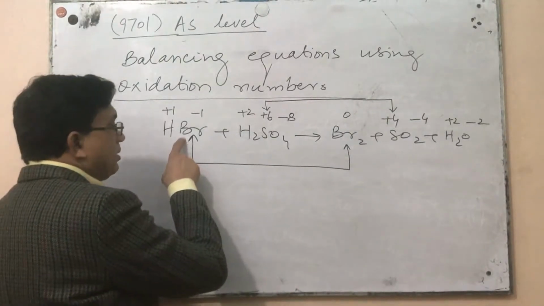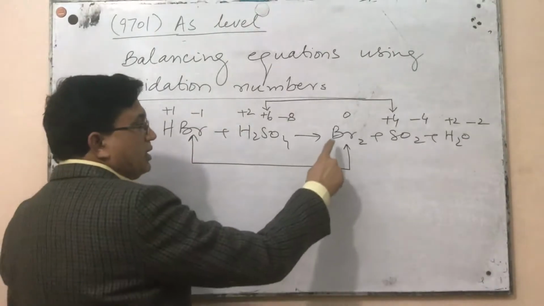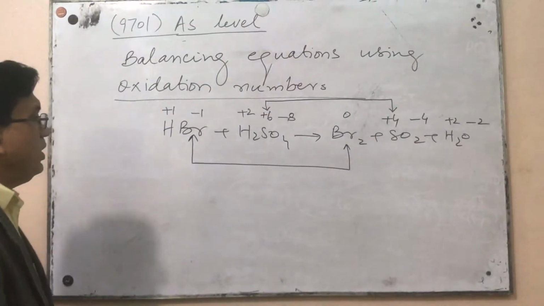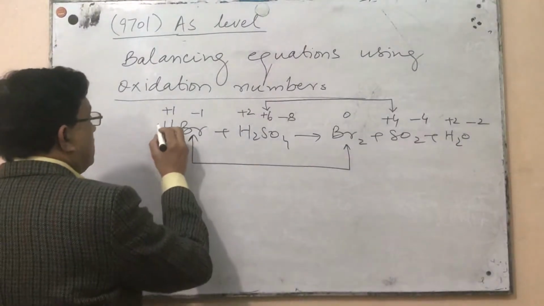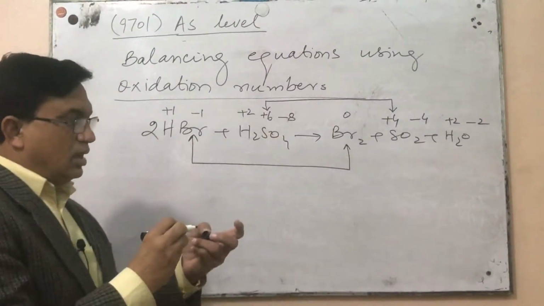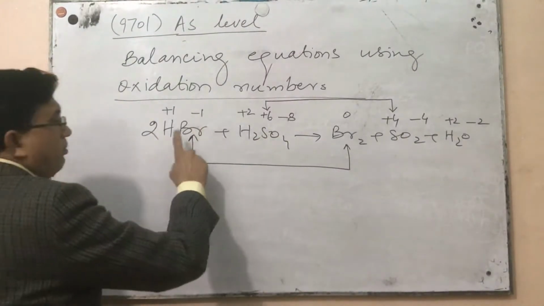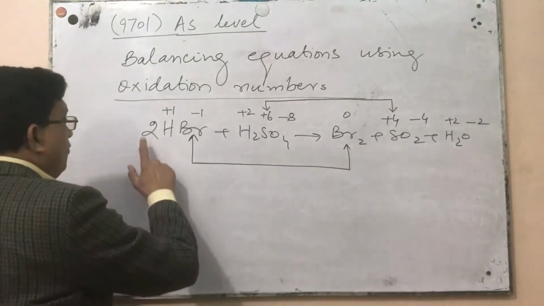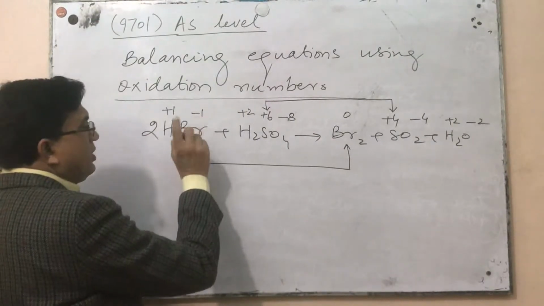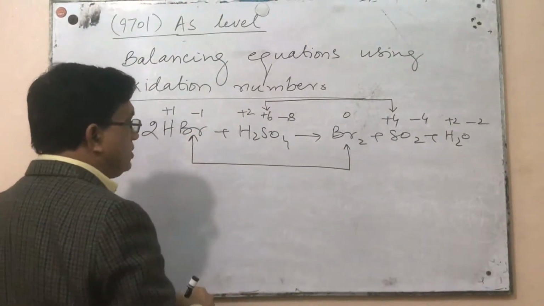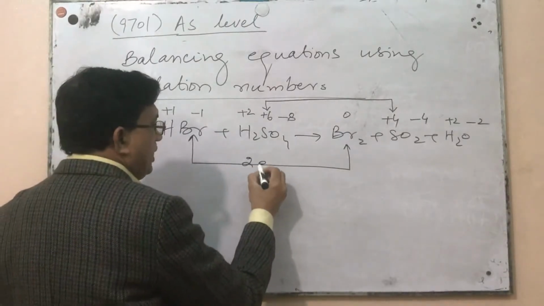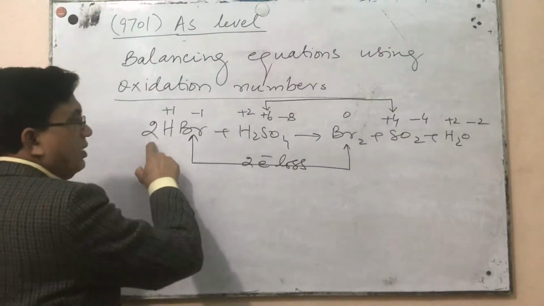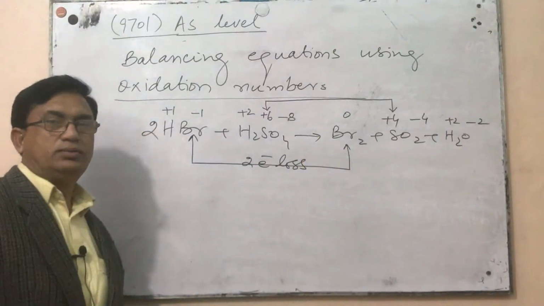Now, first of all, we have to take into consideration the total number of atoms. Here bromide ion is 1, but in the bromine molecule 2 bromine atoms are there. That's why we can use the 2 to balance the bromine atoms on both sides of the equation. If we consider 2 bromide ions, it means that 2 bromide ions lose 2 electrons and make 1 bromine molecule.